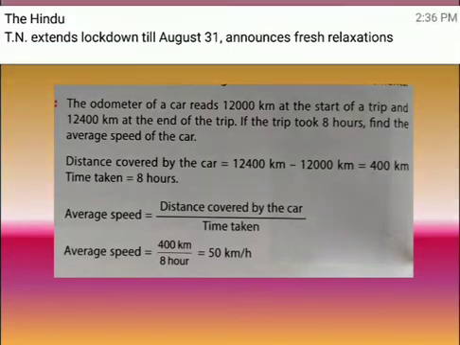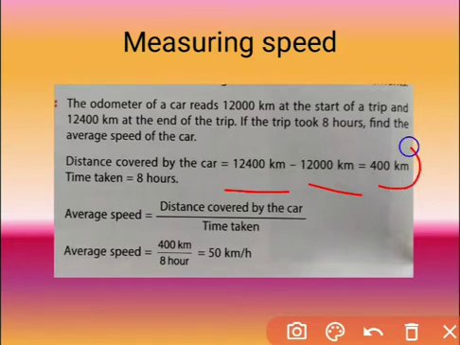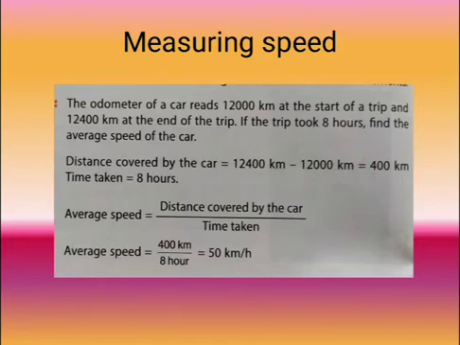As we have learned, for calculating the speed of the car our formula is speed is equal to distance upon time. The starting reading is 12,000 kilometers and the ending is 12,400 kilometers, and if we subtract, we get 400 kilometers, which is the distance covered by the car in how many hours? That is, in 8 hours.